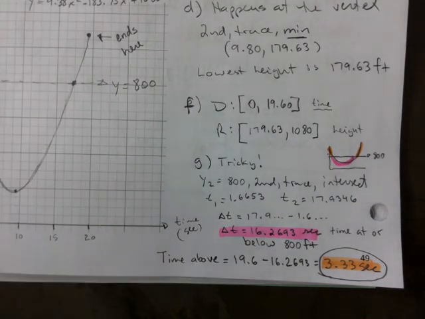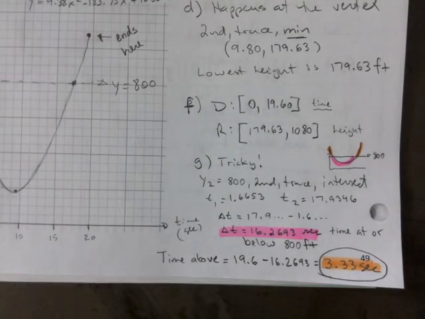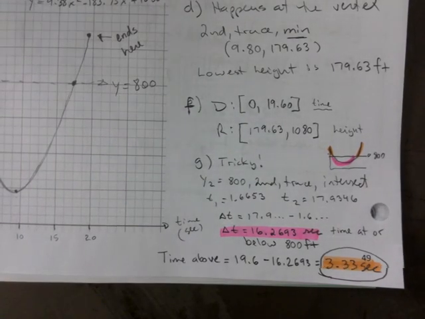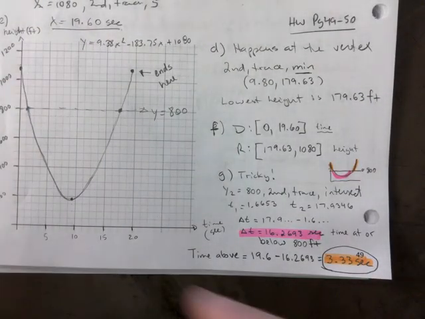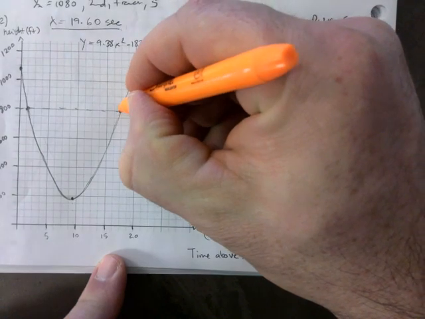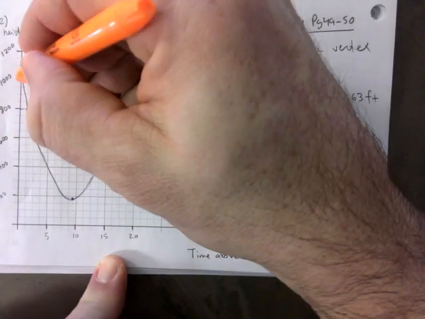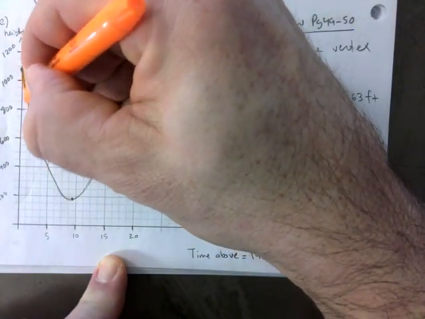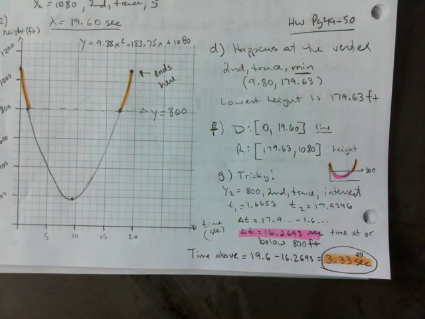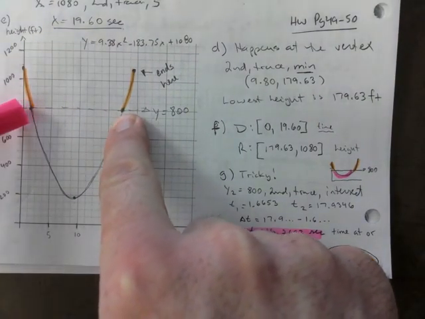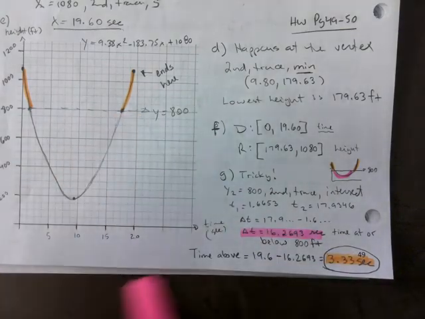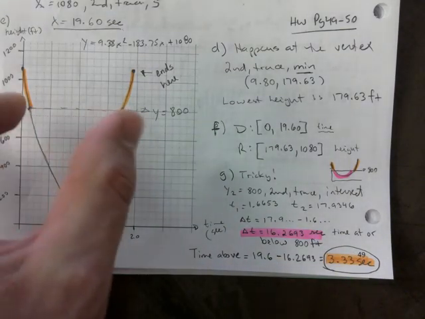So ultimately, you spent 3.33 seconds. Let me show you the graph here. Can we do it on the graph? I think it's all right. This orange is the time spent here and here. And when you subtracted those two times you found, because that was absolutely critical, you find out what happened between those.